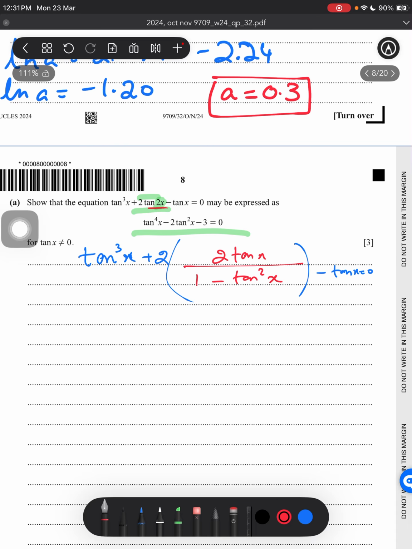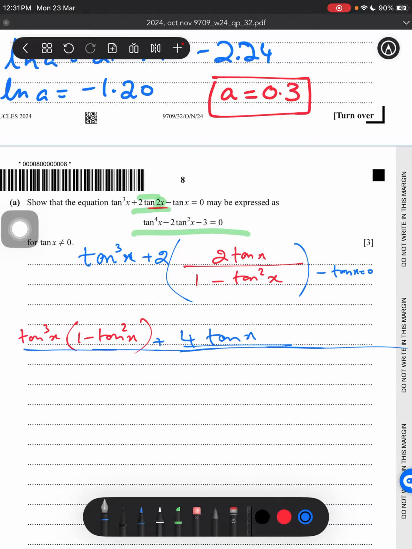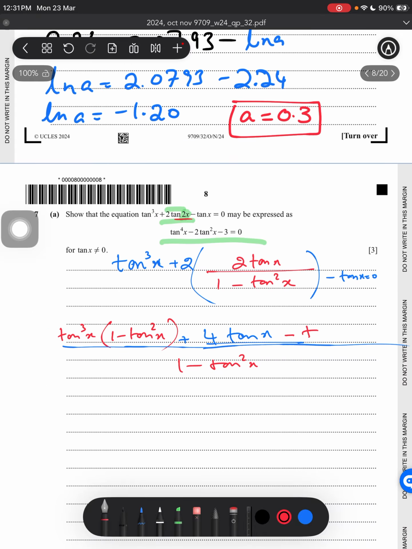Now we can take the LCM. The denominator will multiply with every term, and this would be 2 times 2, 4 tan x over 1 minus tan square x, and minus tan of x times 1 minus tan square of x equals to 0.